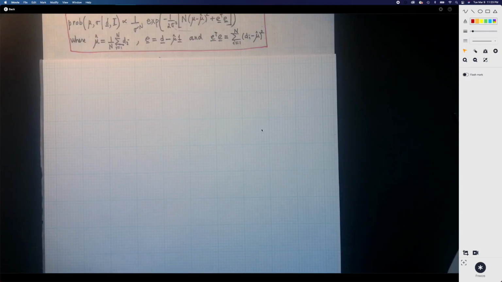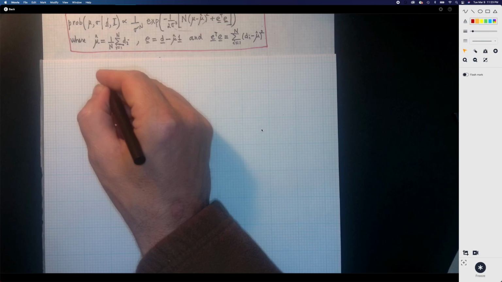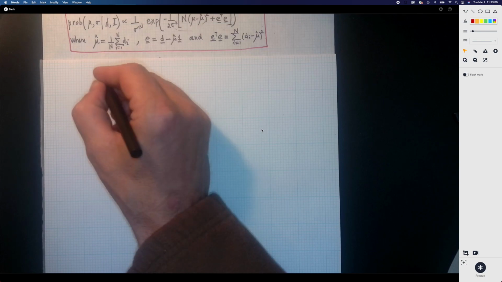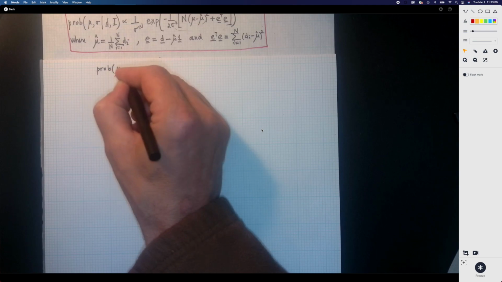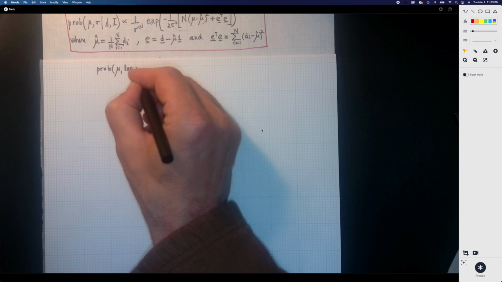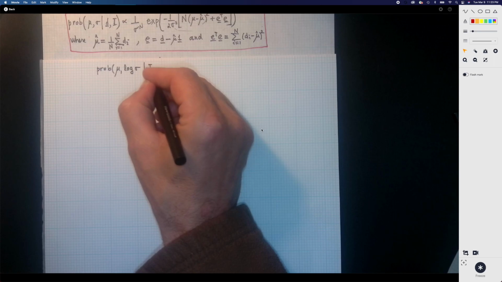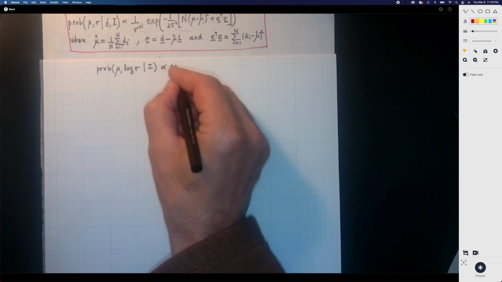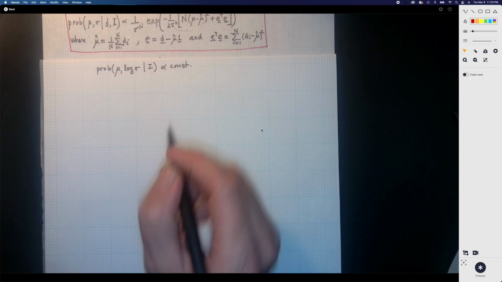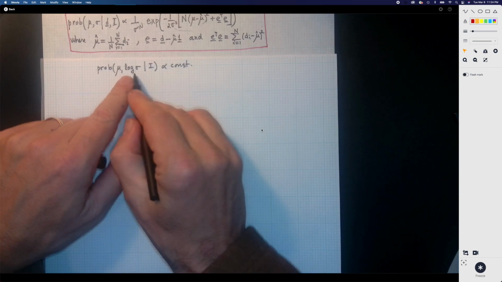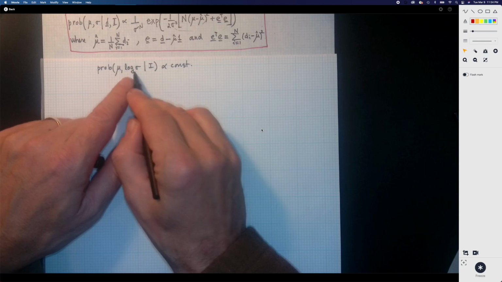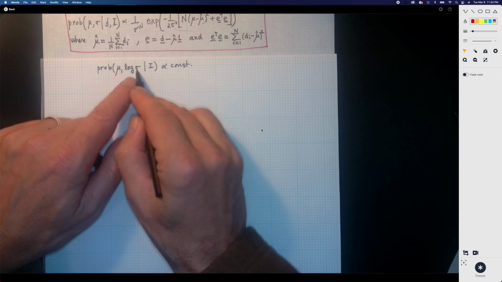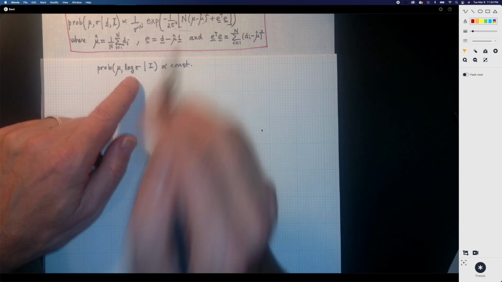So one way to deal with that is, instead of assuming a flat prior for sigma, we're going to assume that we have a flat prior for the logarithm of sigma. Right, because the log now goes from minus infinity to infinity. As sigma approaches 0, this goes to minus infinity, and as sigma goes to infinity, this goes to infinity.